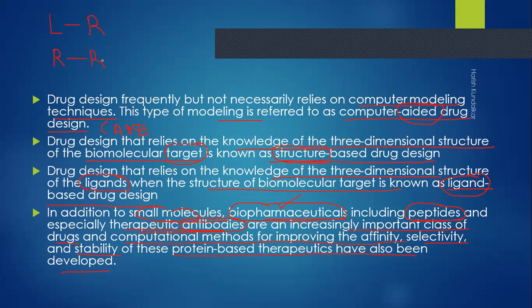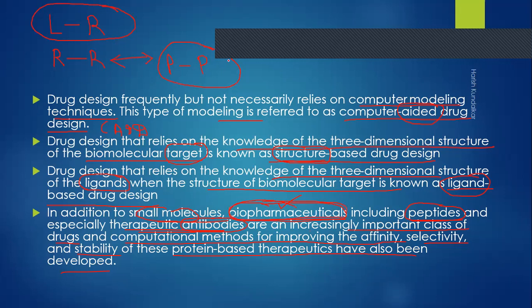So we can also write this as protein-protein interactions. Right. So initially CAD used to mean only ligand-receptor interactions. But now CAD also talks about protein-protein interactions. Why? Because biopharmaceuticals are becoming increasingly important.